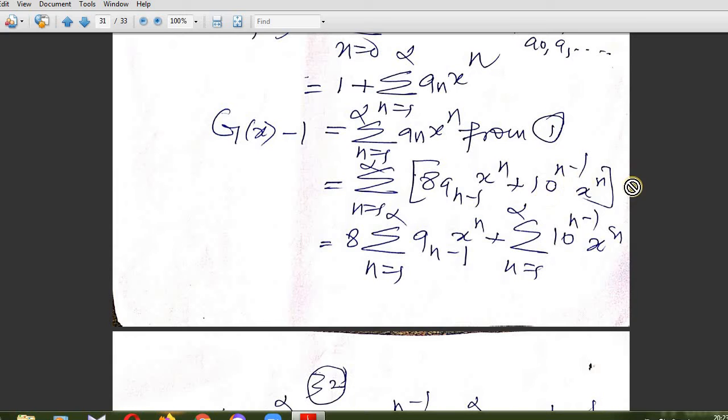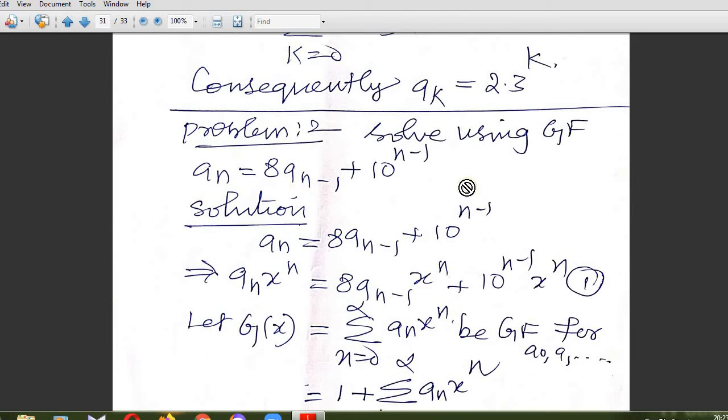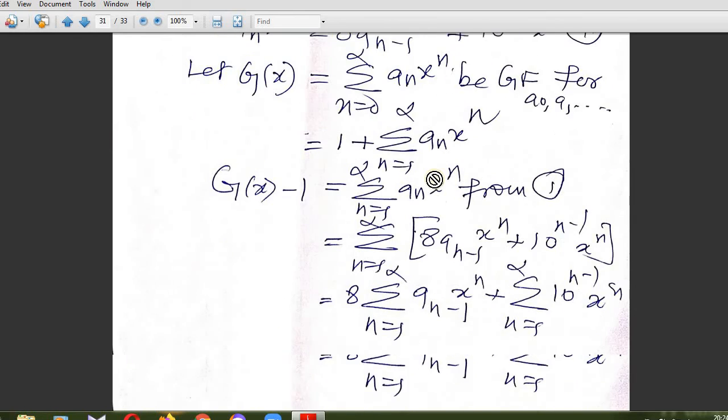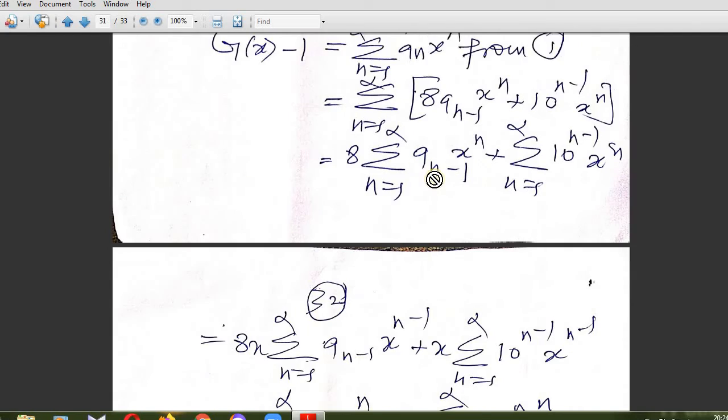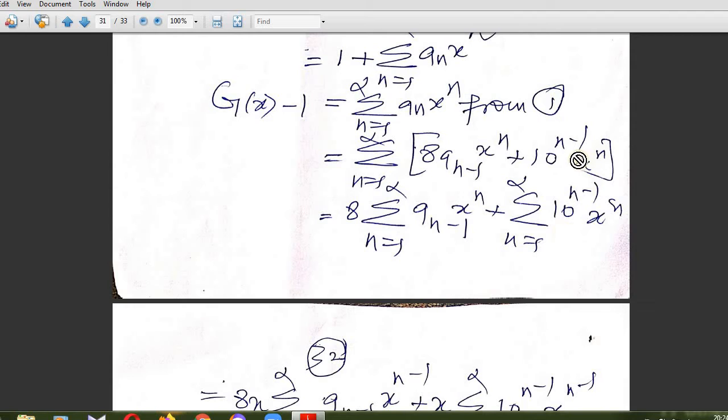Then x power n will come there. This bracket will not come here, it has to be finished here. x^n should go out. There's a small mistake there. This x^n will come out and will not be inside, because x^n is common for this a_n only. We are substituting this value 8a_(n-1) plus 10 to the power n-1. That's what we are seeing here.